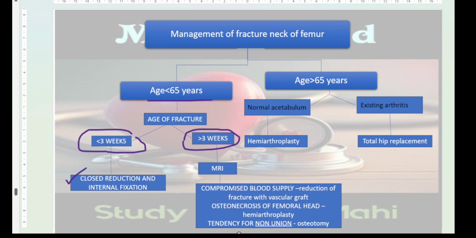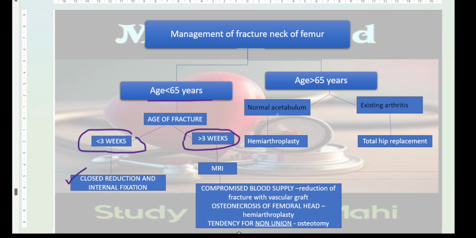If the blood supply is compromised, then we will reduce the fracture with a vascular graft because blood supply has been compromised. If there is osteonecrosis of femoral head, then we will do hemiarthroplasty. And if there is a tendency for non-union, we have to do osteotomy. Depending on the condition of the bone, we have to manage the patient.